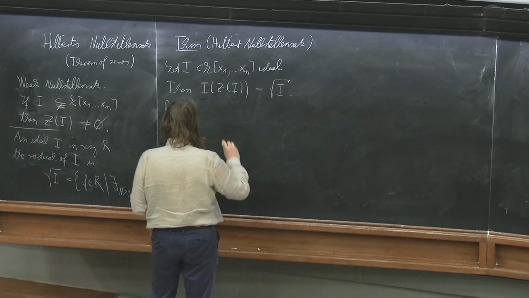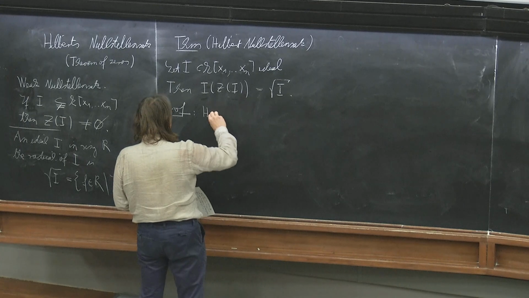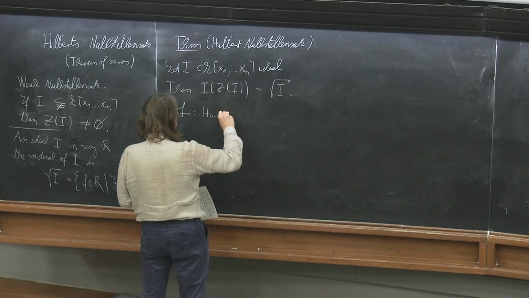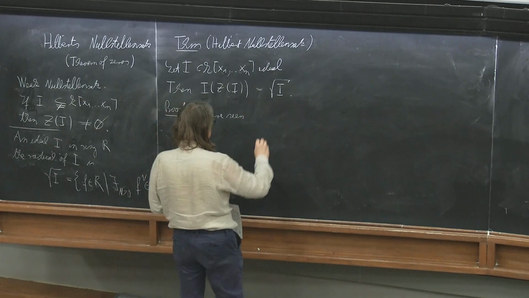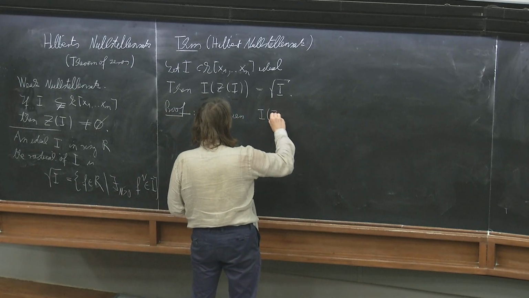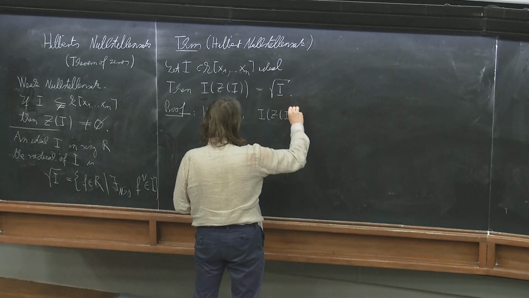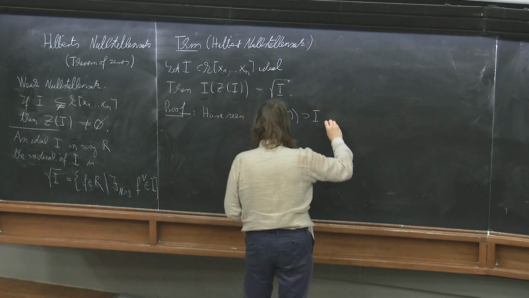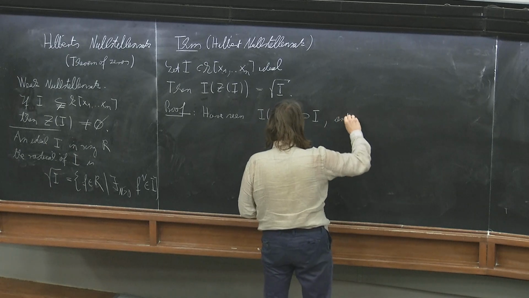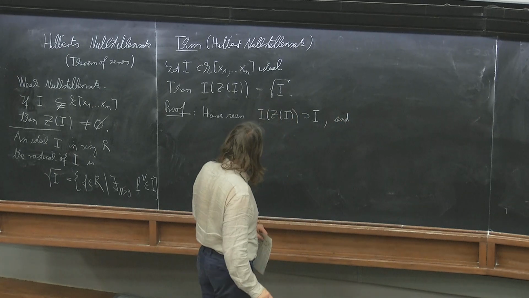So we have seen that if I take the ideal of the zero set of I, this contains I, and it is a radical ideal.